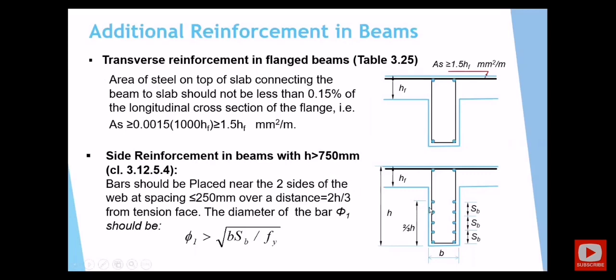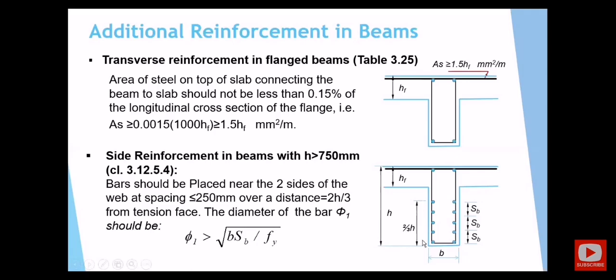Okay, how much are these side bars? It tells us the spacing between these side bars should be less than or equal to 250 millimeters. So if you are using side bars, the spacing Sb should be less than or equal to 250 millimeters, and it will cover 2 over 3 of the total h of the beam.